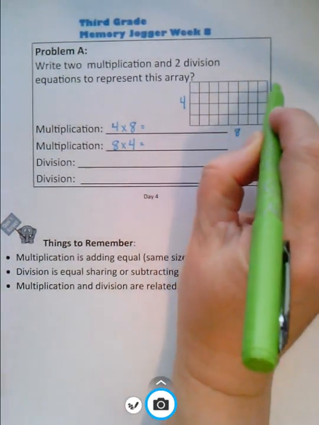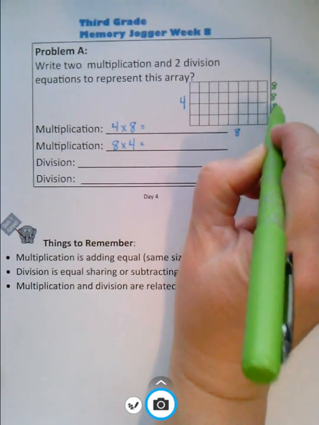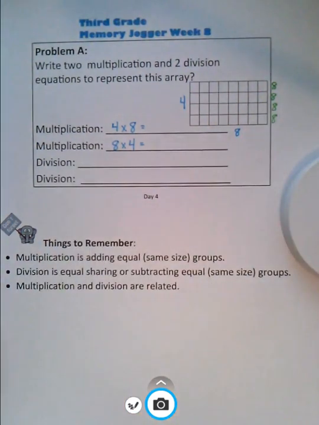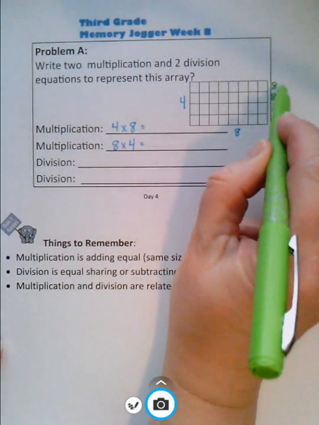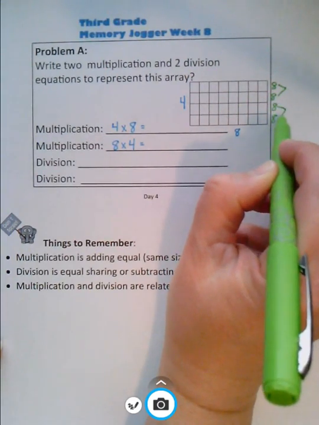So one way we could figure this out is by repeated addition, by adding 8 over and over again. Now if you know your fact already, you might not even need to do that. But if you're not sure about what 4 times 8 is, we can combine 8s to figure it out.